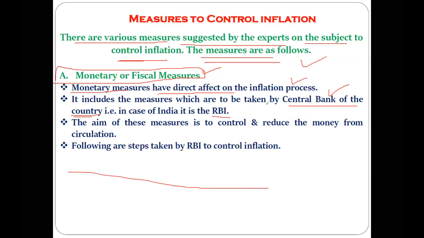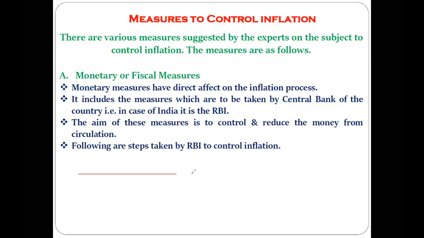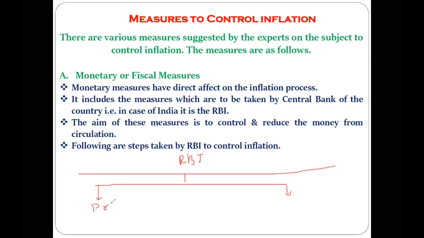So the hierarchy of the banks is like this. This is the RBI. Under the RBI there are the categories like private banks and public banks.